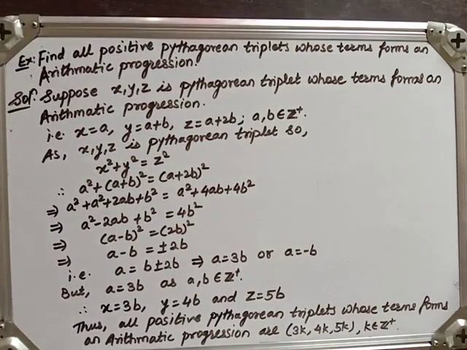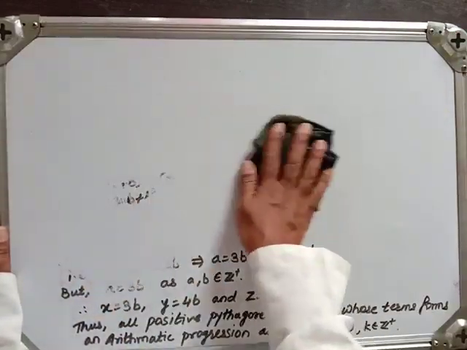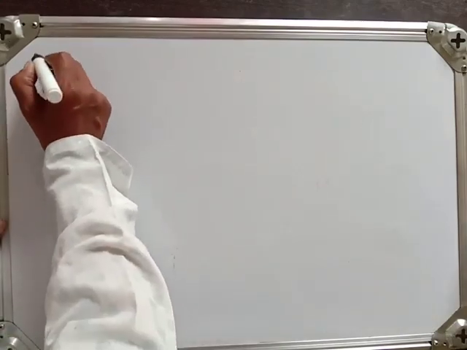Now, after this example, let me write one result and we will solve examples on that result in the next video. Okay, simply remember that result. We will see the examples on that one in the next video.